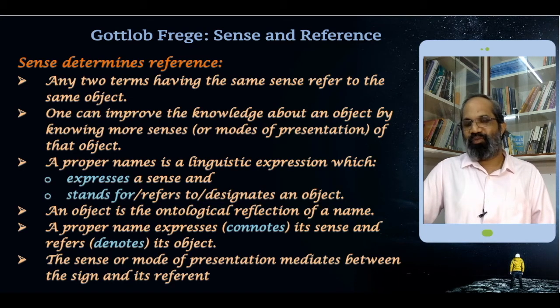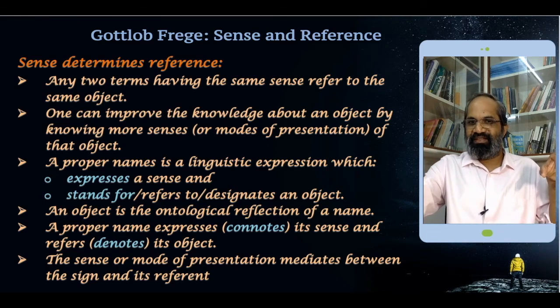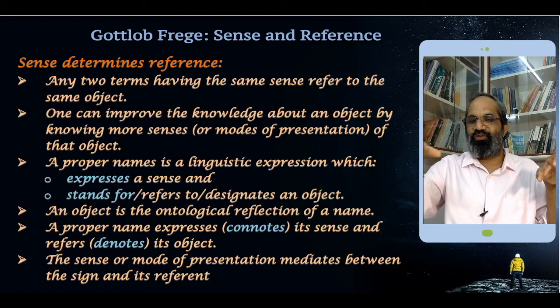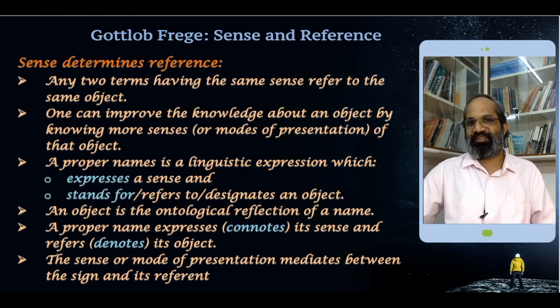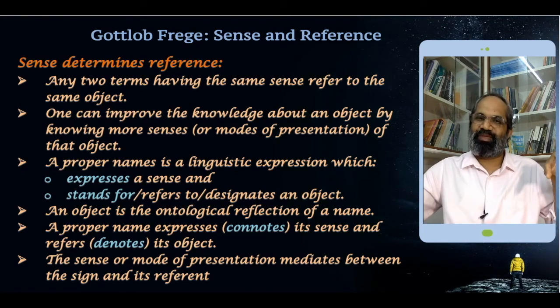The sense or mode of presentation mediates between sign and its reference. This I already told. The sign and its referent are connected through the sense or mode of presentation. So there is a sign and a referent, and in between they are connected through its sense or mode of presentation. Or the sign chooses its object through its mode of presentation.